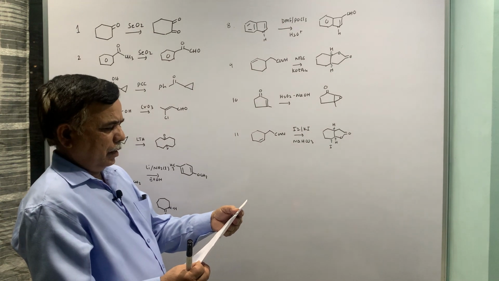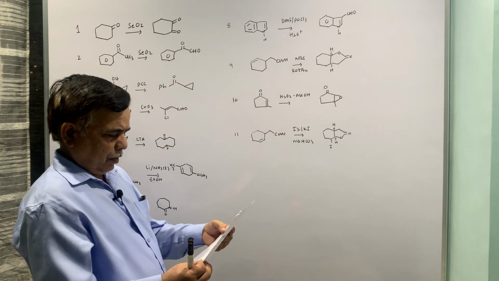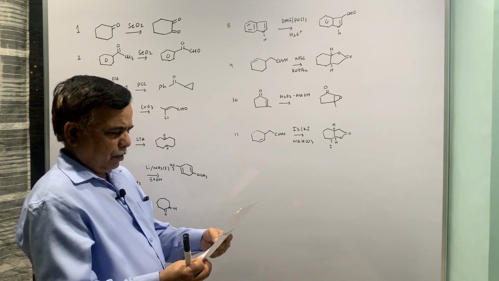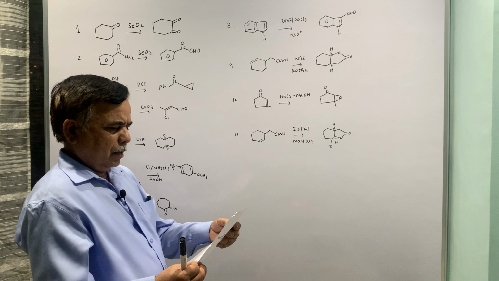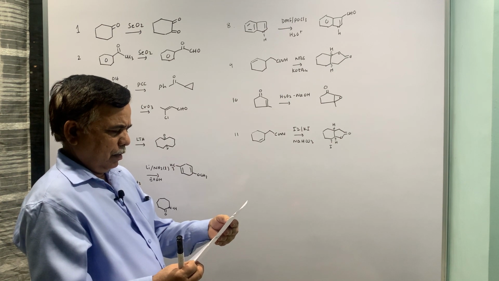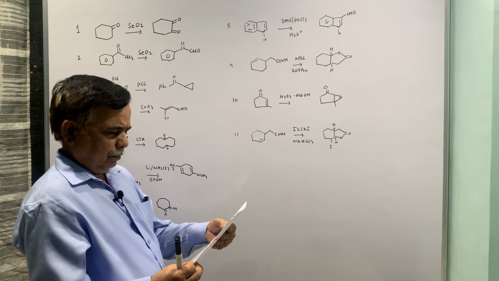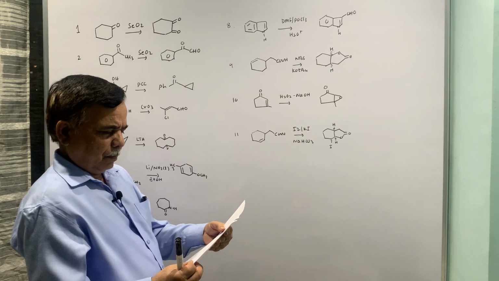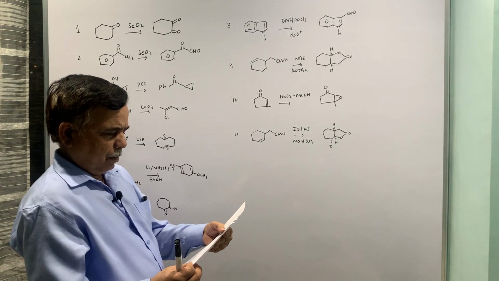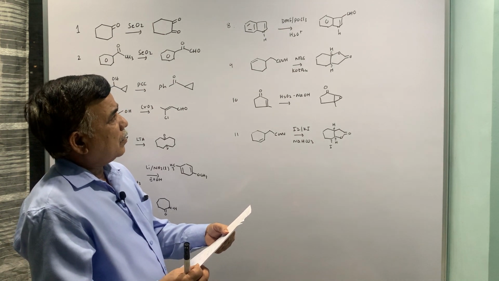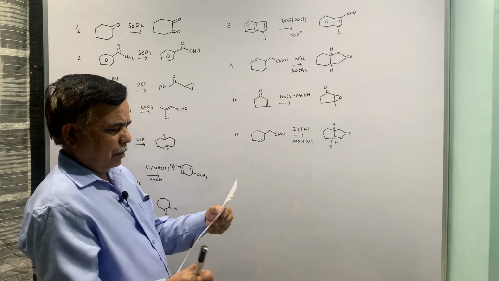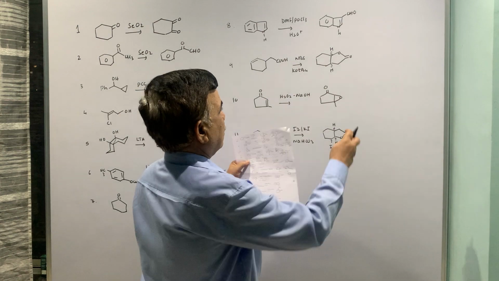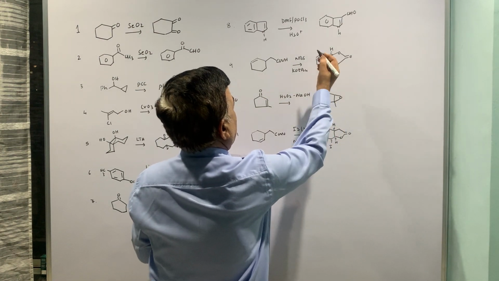Iodine is okay. NBS example, there is a double bond in the product, that is what I was checking. There is a double bond here. Okay.